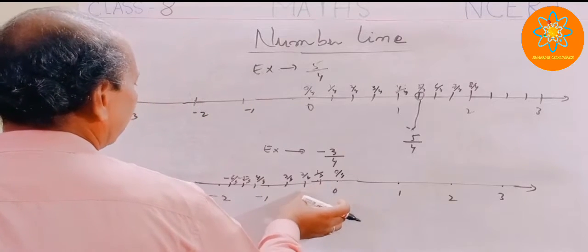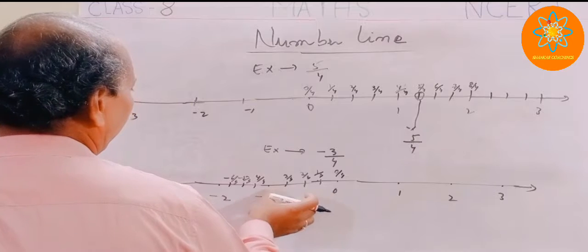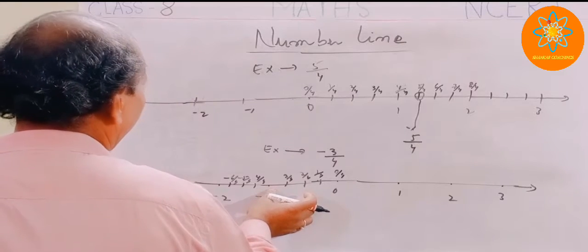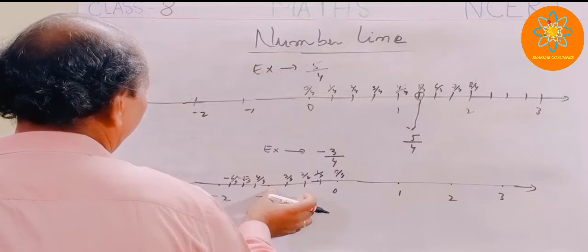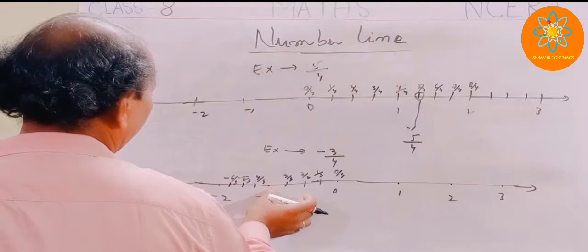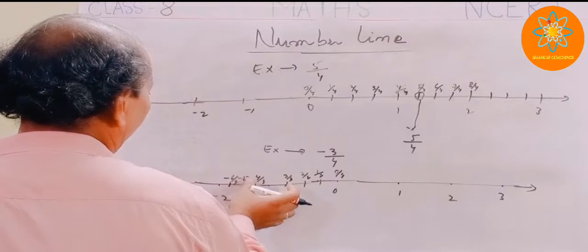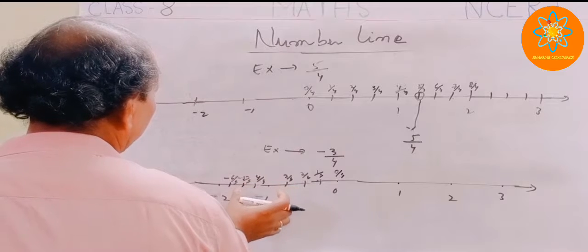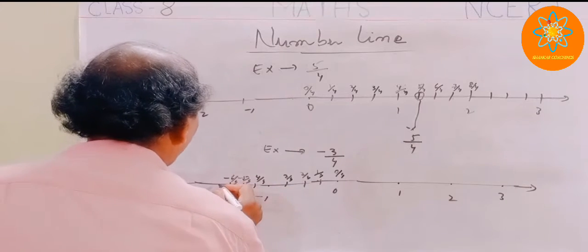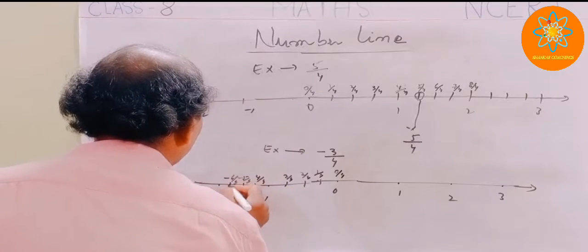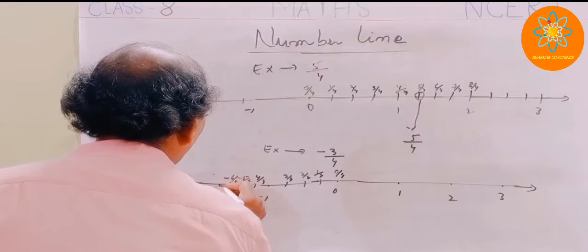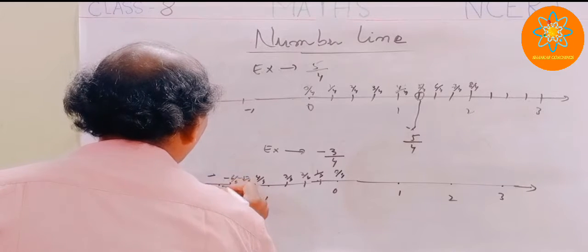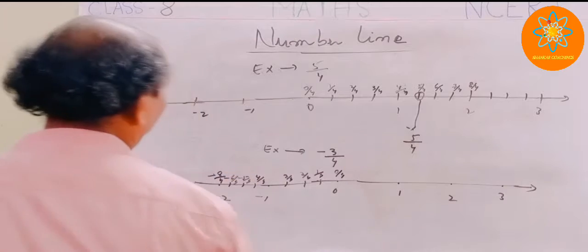This is 1, this is 2, this is 3, 4. Then again we have the next 1, 5 by 4, 6 by 4, and then at this point this is 7 by 4, and this point is minus 8 by 4.